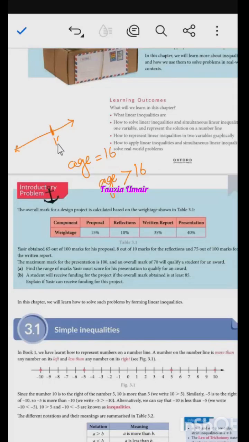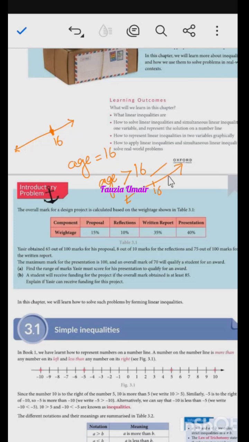Only this one point on the number line is your answer. But inequalities are more flexible, because if age is bigger than 16, all these values will be included in the answer.